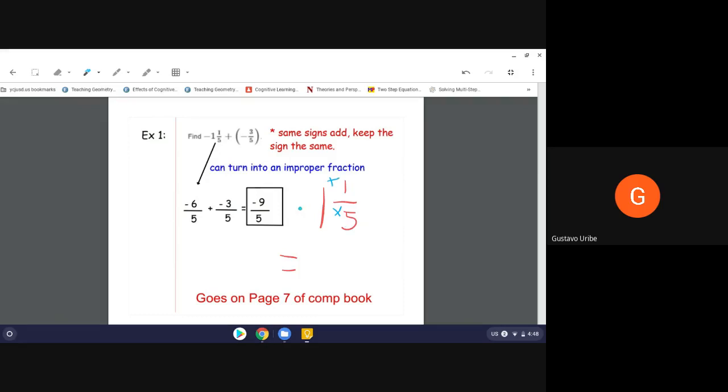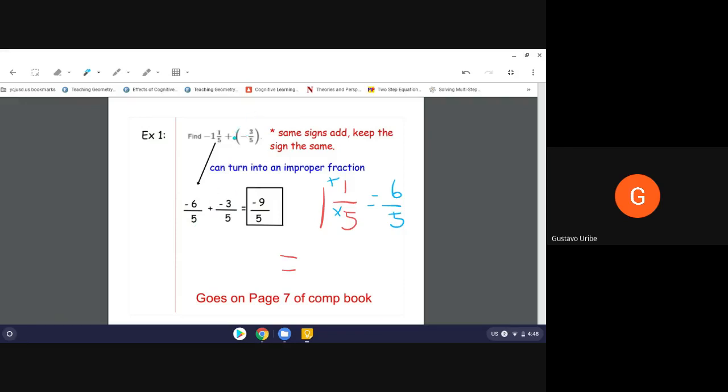So 5 times 1 is 5, plus 1 gives me 6 over, and we keep the denominator the same, which is 5. Now this was a negative, so I'm just going to go ahead and put the negative in front of it. -6 over 5 plus -3/5.